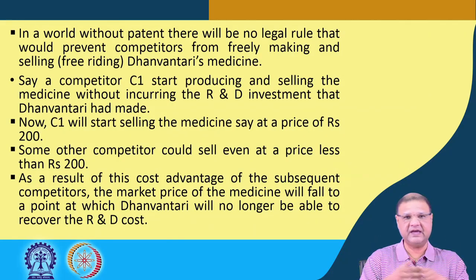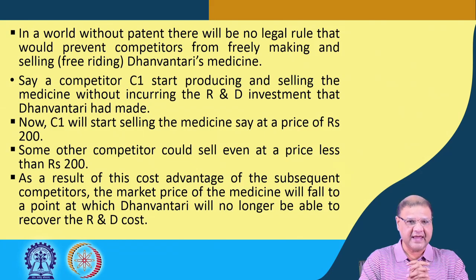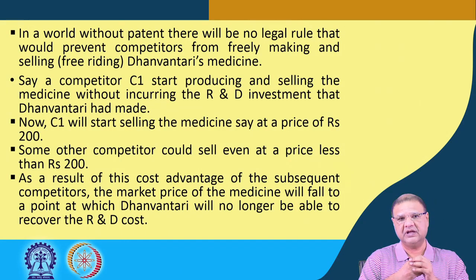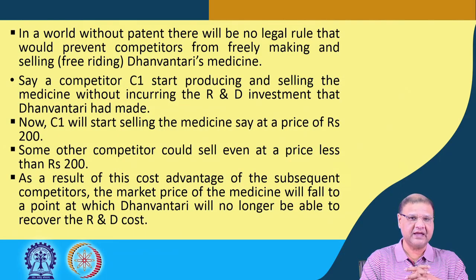Straight away the first competitor C1 would start selling the medicine at a price of 200 rupees, and then if some third competitor emerges, that competitor wants to sell it at an even lesser price by reducing the profit margin, it can sell it at a price of say 175 per strip.